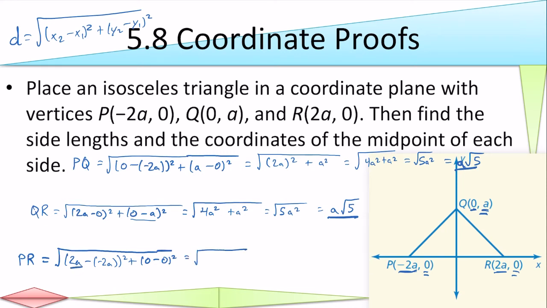All right, so I have 2 minus a negative is a plus 2, so that's 4a, and it's squared, and then 0 minus 0 is 0. The square root of 4 squared is 16, a squared. But the square root of 16 is 4, and the square root of a squared is a. So PR's length is 4a. So that's different from PQ and QR, which is why it's an isosceles triangle. Two sides are congruent.